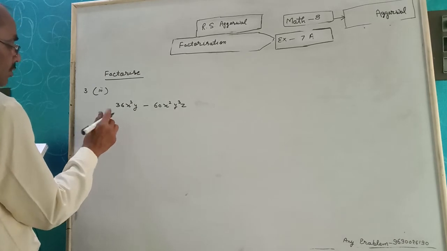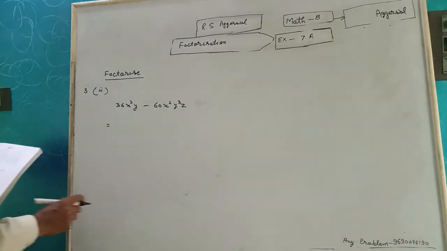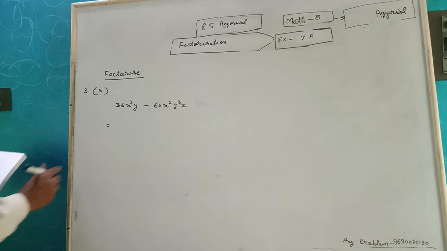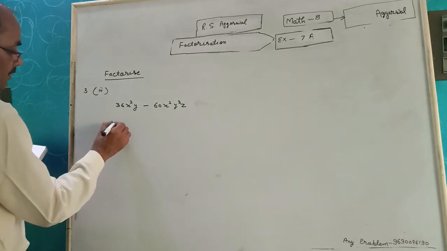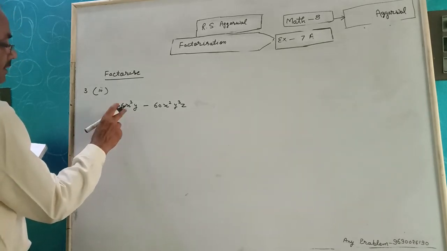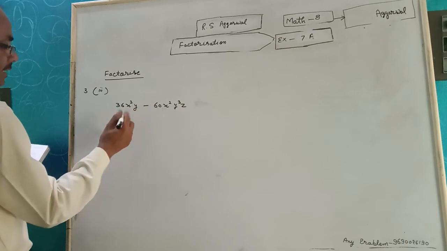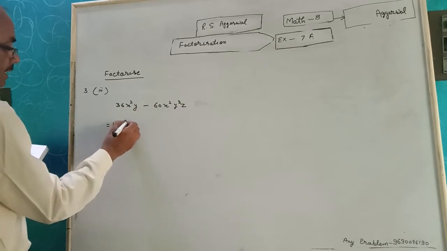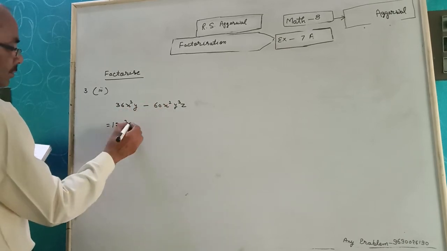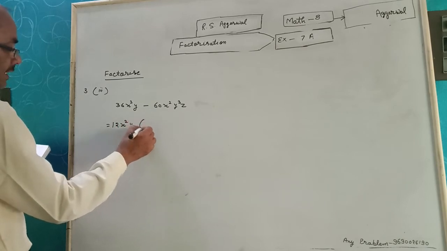To take the common of 36 and 60, 12 is common. x cube and x square, x square is common. y and y cube, common is y.